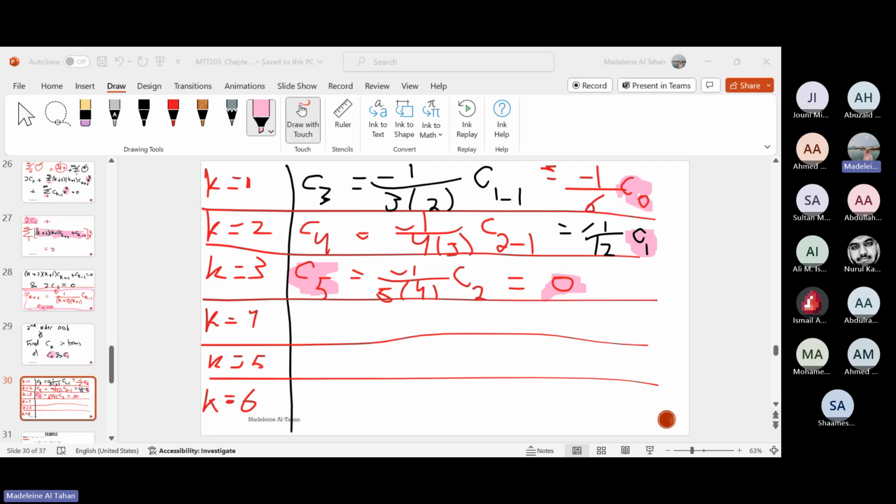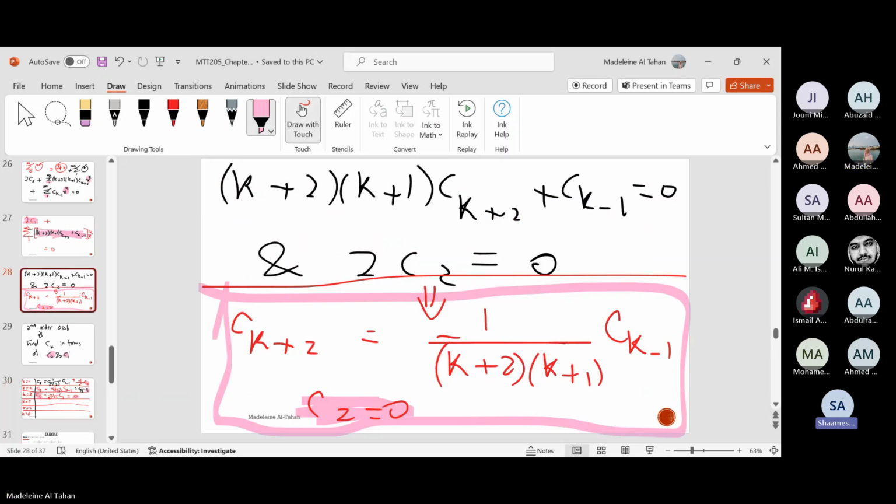Now, for those who found the second one, c6, what did we get? I got c0 over 180. Okay, let me check. What did we get? I didn't solve it. Okay, so let's solve it together.